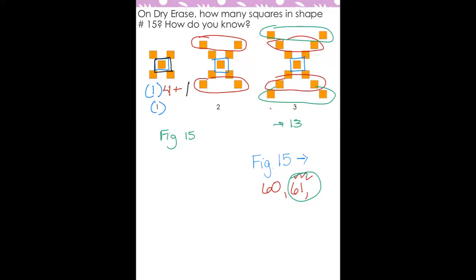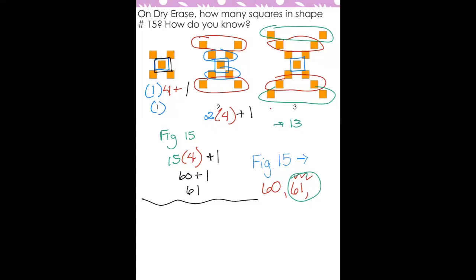This would be figure 2, which has 2 sets of 4 plus the one in the middle, right? So figure 15 would be 15 times 4 plus the one in the middle. Okay? Does that make sense? So that is 60 plus 1 gives 61.